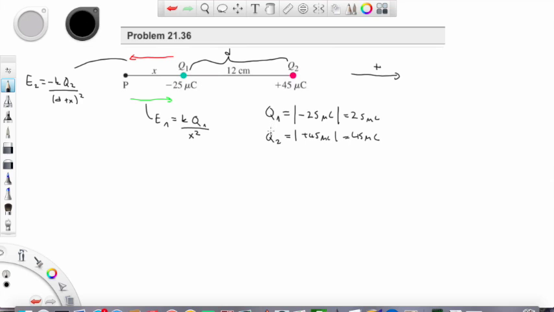We use only the magnitudes because we are taking care of the direction of the field by our sign convention. In this case, negative because it's to the left, and in this case positive because it's to the right.